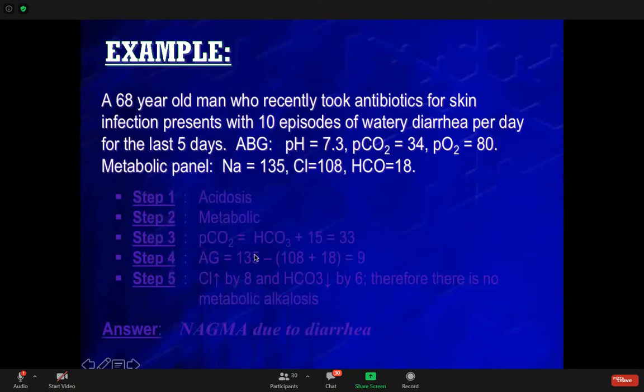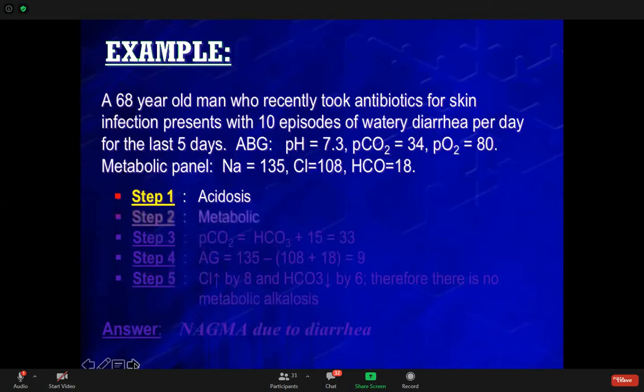Yeah, pH. So is this acidosis or alkalosis? It looks like an acidosis, as Abdulaziz said. So our next step is we want to decide, is it metabolic or respiratory? Yes, it's metabolic acidosis. Your pH and PCO2 go down in the same direction.